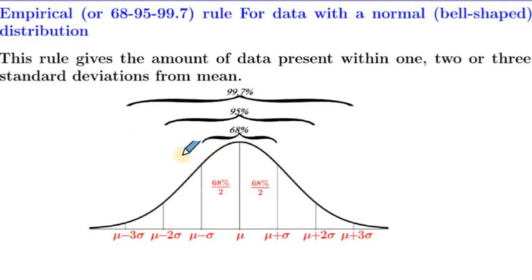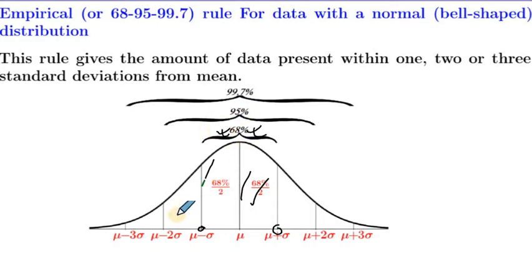So let me explain the graph here. If we look at the graph area from this point to that point, it is 68%.